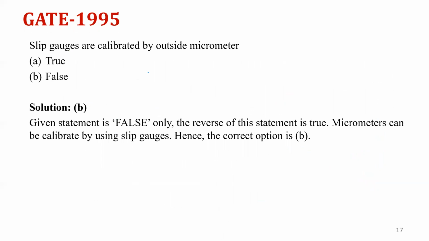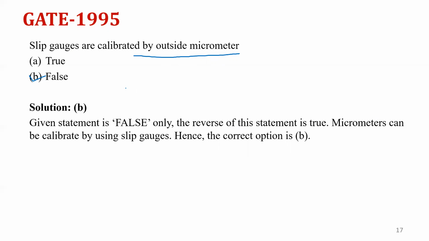Slip gauges are calibrated by outside micrometer. Here the statement is false. The outside micrometers, inside micrometers or vernier calipers are calibrated by slip gauges, but slip gauges are not calibrated by outside micrometers. The reverse of this statement is true.